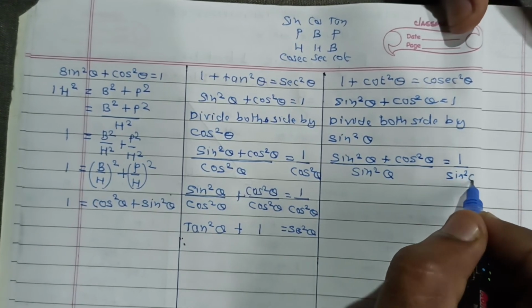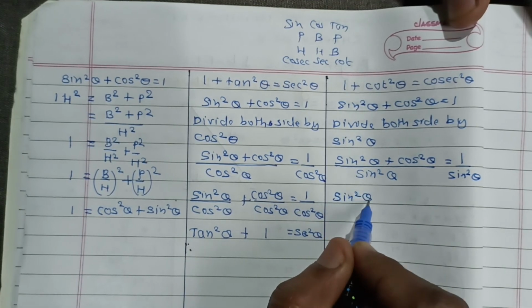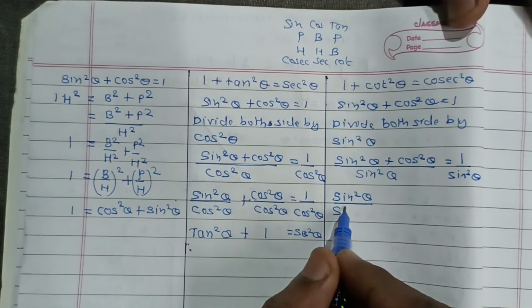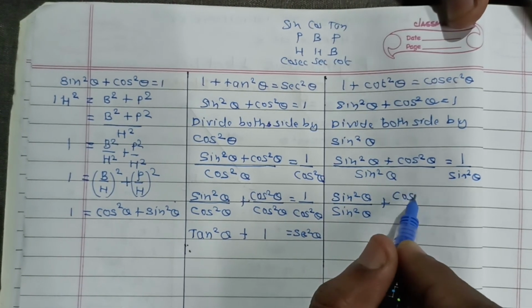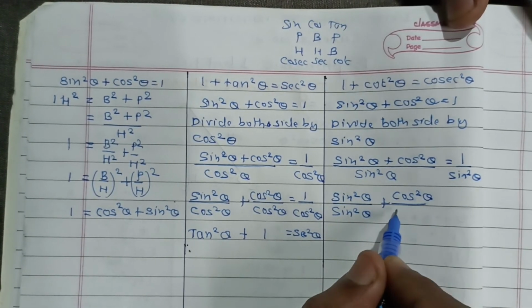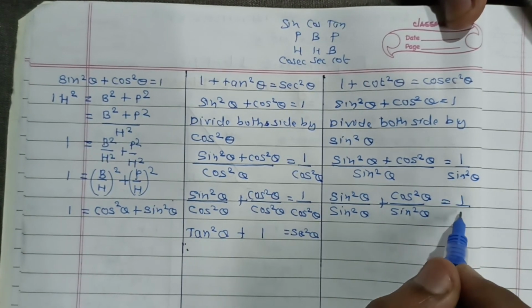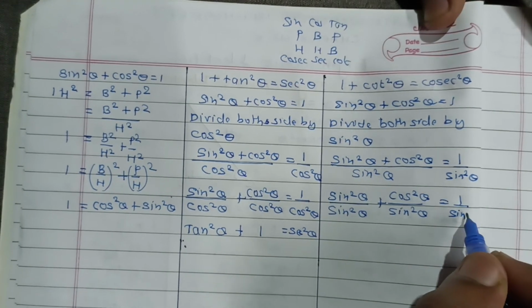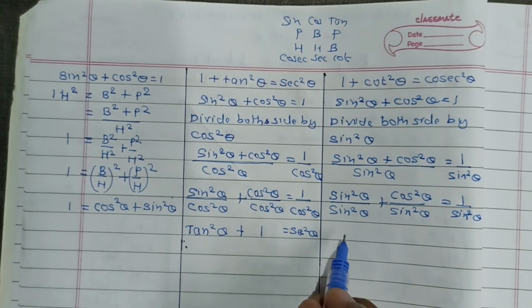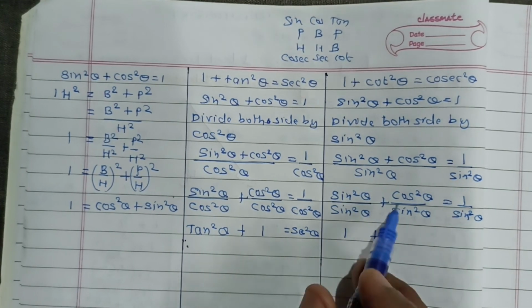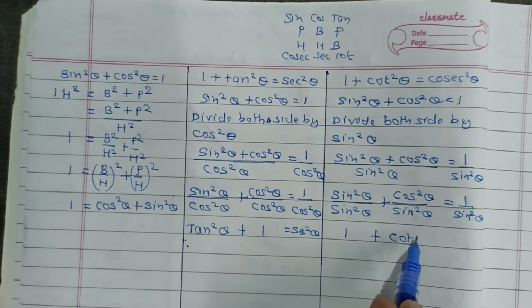So this sin²θ divided by sin²θ plus this cos²θ divided by sin²θ is equal to 1 upon sin²θ. So this sin²θ divided by sin²θ is 1, plus this cos²θ upon sin²θ is cot²θ.